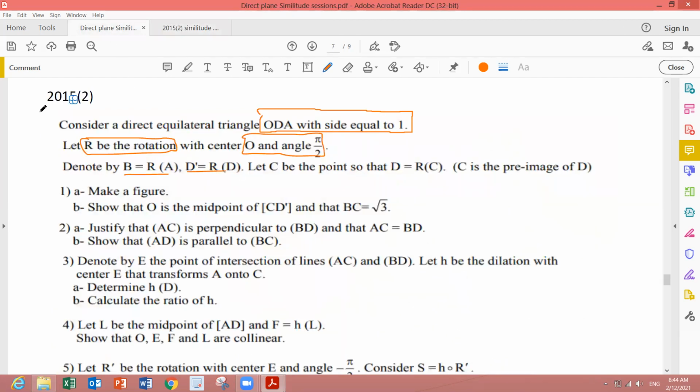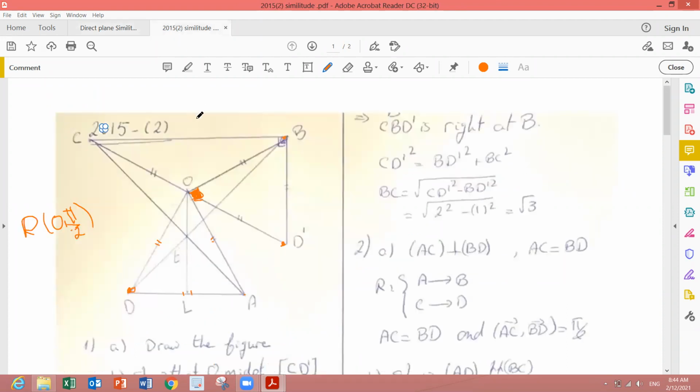Now let's see C be the point such that D is the rotation of C. D is the rotation of C. We need to construct C such that D is the rotation of C. Where will C be? This C here.